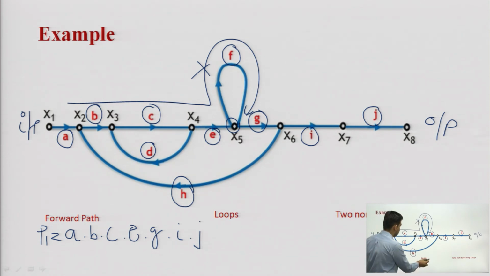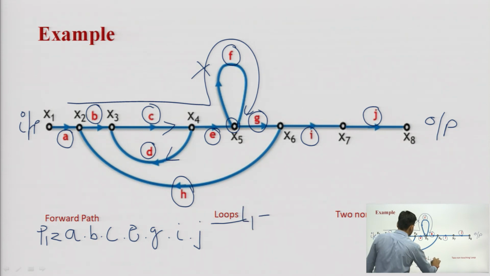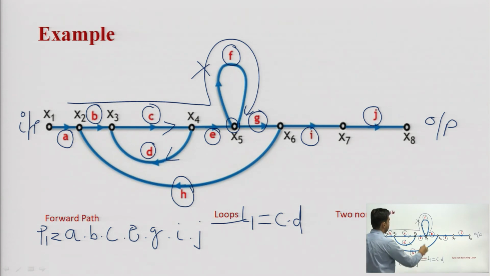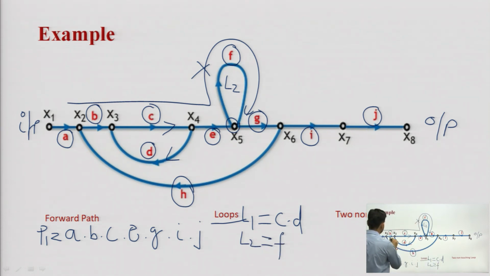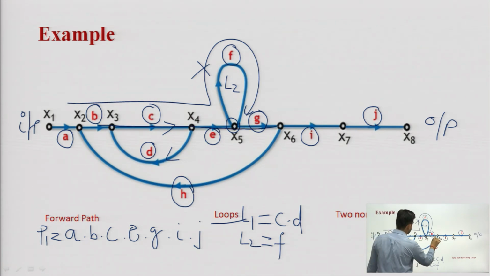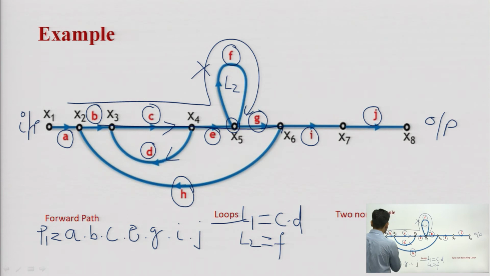Now, we have to calculate the number of loop gains. You can see one loop is here, with gains C and D. So, I can say this is loop 1, L1, which has a gain of C dot D. Then the second, a self loop, is here; this is L2, having a gain of F. Third is the loop where I start from node x2, go x3, x4, 5, 6 and return back to x2.